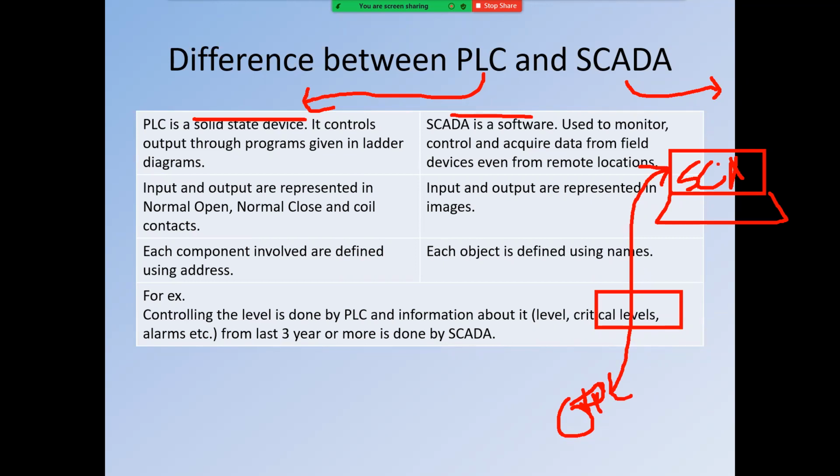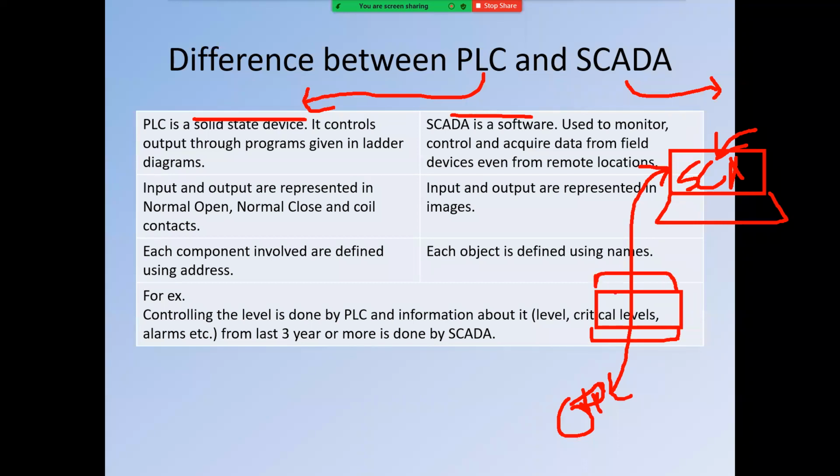Correct. So SCADA only does control through the PLC, and it also shows you the graphics, like the speed of a motor, or the level of the tank, whatever it may be, in a pictorial format. But you cannot directly control the motor without a PLC, because the PLC has input and output slots, correct?